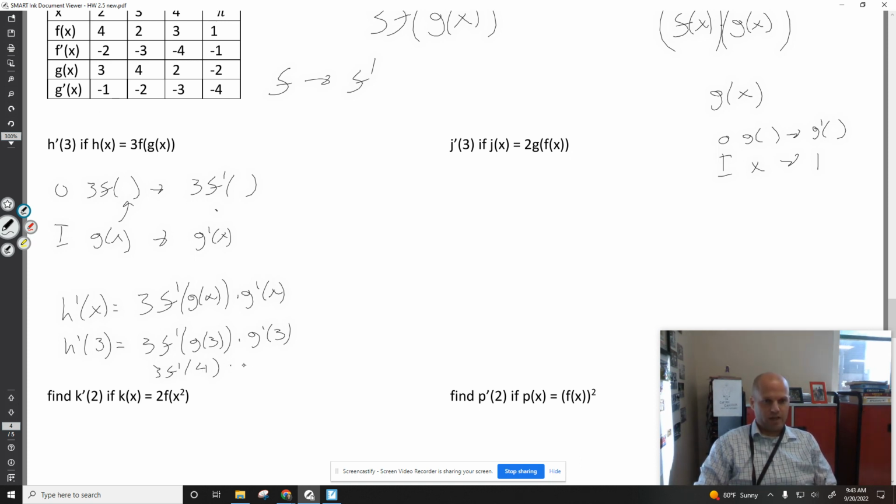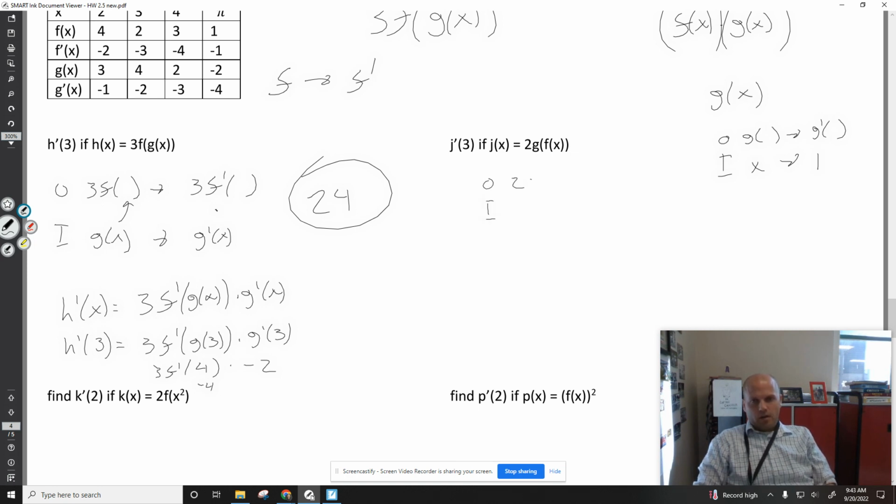G prime of 3 is -2. F prime of 4 is -4. So I have 3 times -4 times -2. So that's 24. Okay? Positive 24. That's all that goes into these problems. Same here, only g's the outside and f's the inside.